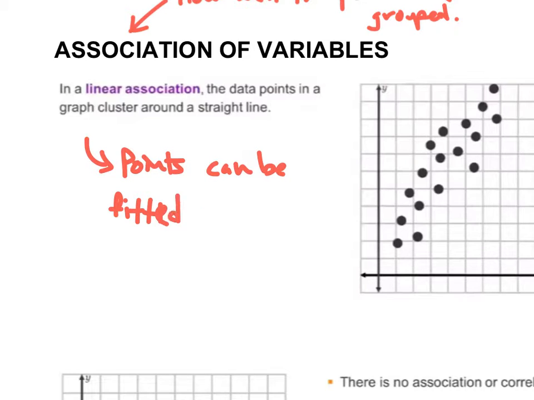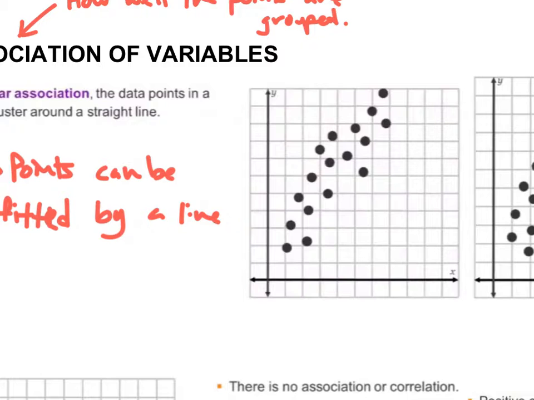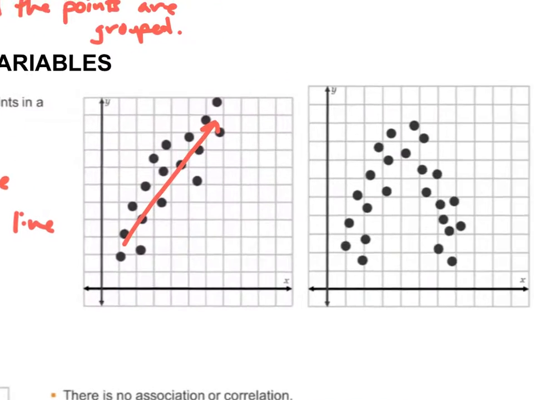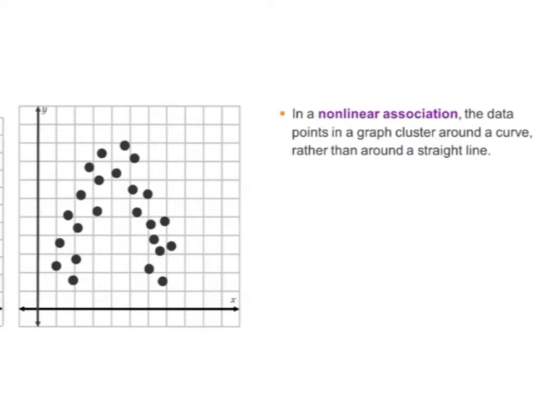And what I mean by fitted is that if we have a linear association, my points show a linear relationship: as x increases, y increases for this example. In nonlinear association, the points are fitted by a curve.